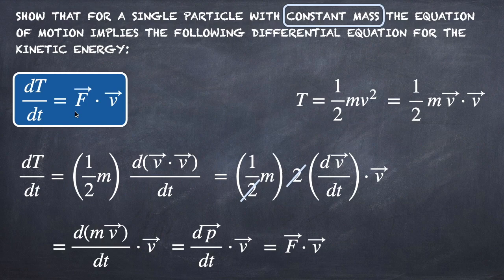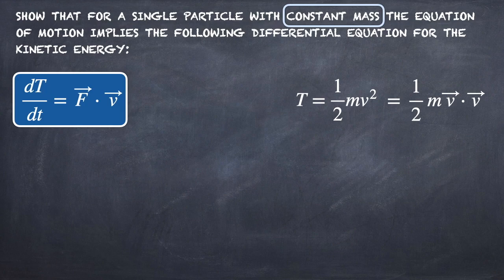But we can solve this problem using a different method. We can use the equation of motion and try to verify if this product is going to be the time derivative of the kinetic energy.